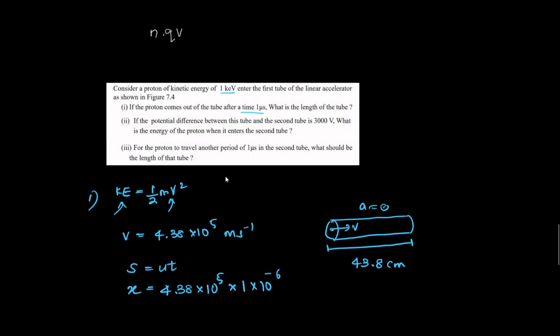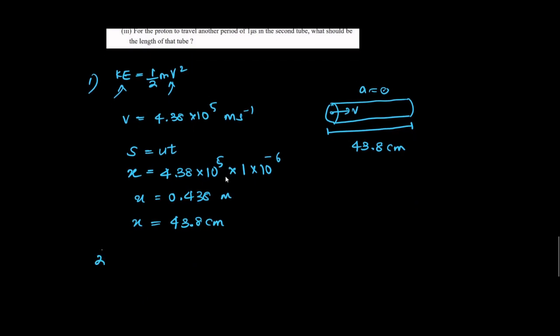And the second, if the potential difference between this tube and the second tube is 3000 volt, what is the energy of the proton when it enters the second tube? So, the second question, this is our first tube, and here we have our second tube. In between these two tubes, we will have acceleration, or work is done on that particle, where the work done can be given by delta kinetic energy, which is equal QV.